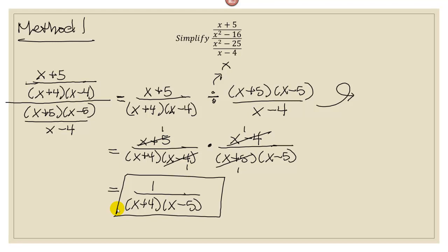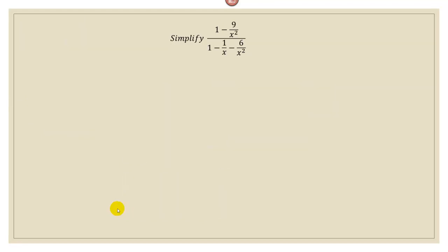All right, let's try another one. This is actually the one we started off with by looking at. We have 1 minus 9 over x squared divided by 1 minus 1 over x minus 6 over x squared. Since we have multiple fractions in both the top and the bottom, I prefer to use method 2.